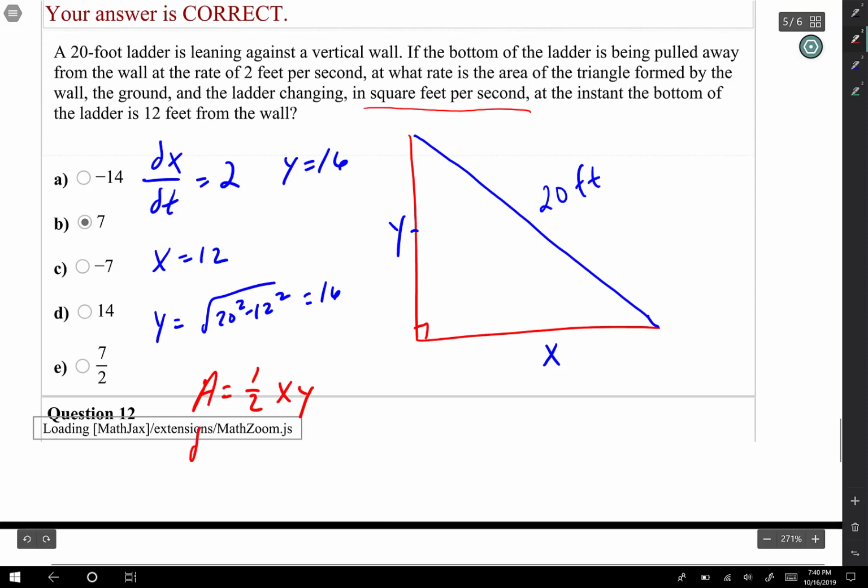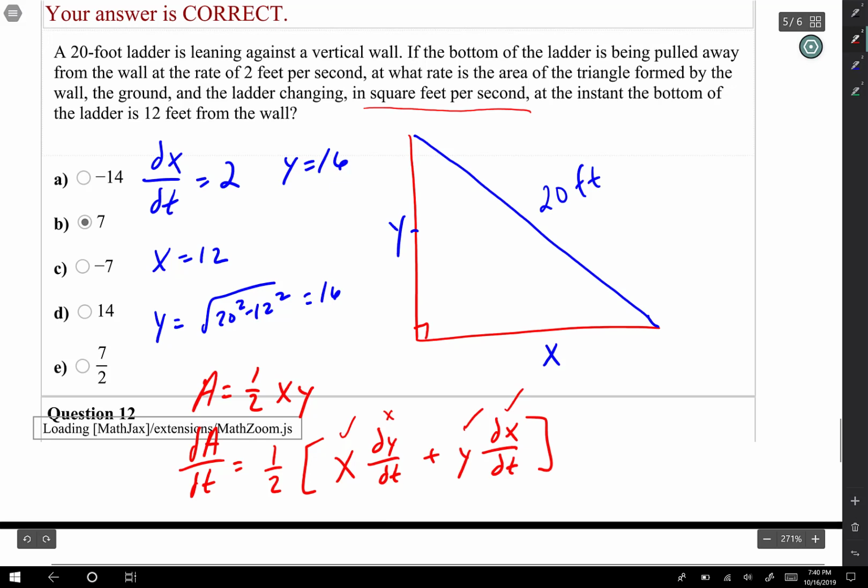So dA/dt is equal to the half on the outside, first times the derivative of the second, plus second times the derivative of the first. So let's see what I have. I have x. I have dx/dt. I have y. I do not have dy/dt, at least not directly.